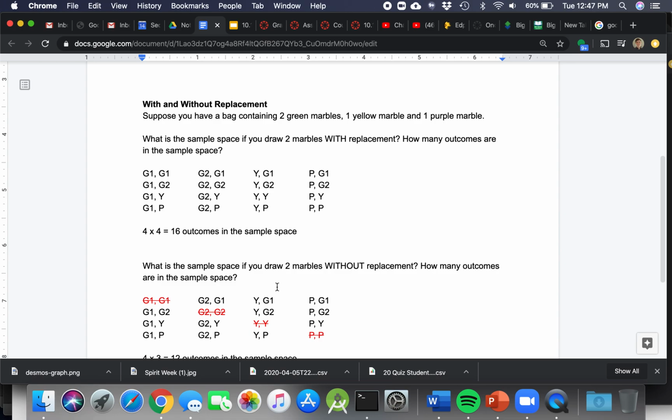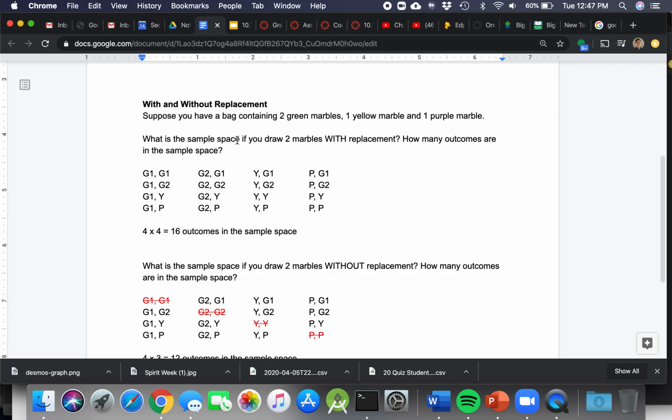It says, what is the sample space if you draw 2 marbles with replacement? How many outcomes are in the sample space? So first, remember, sample space is the set of all possible outcomes. So what are all the outcomes that could happen? And with replacement just means that when we pick a marble, afterward we put it back in before we pick the next marble.